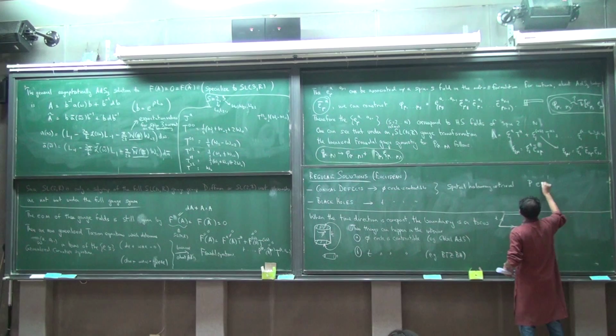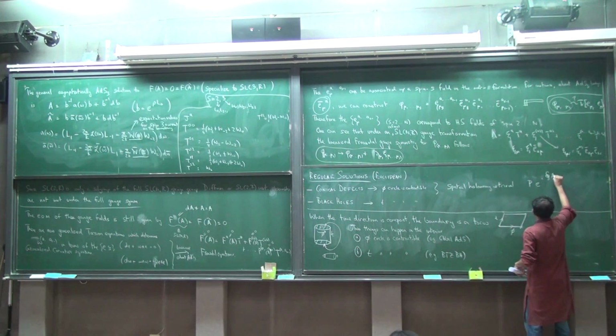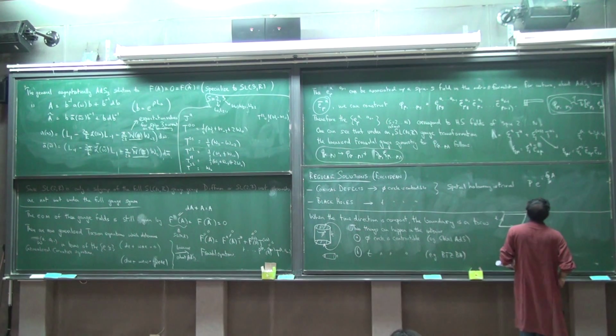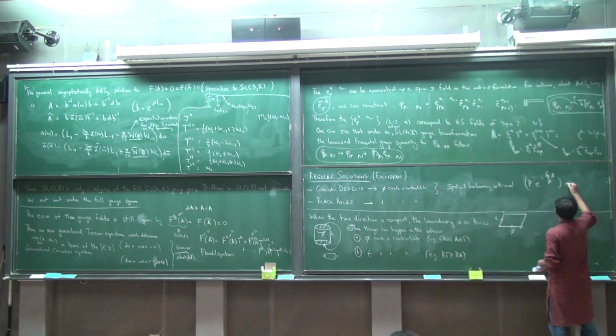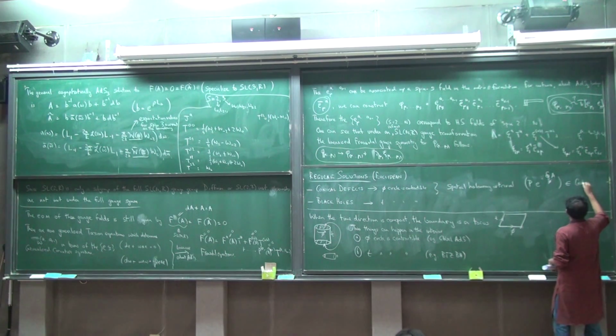That means the path-ordered exponent of the gauge field along the phi circle must belong to the center of the gauge group.